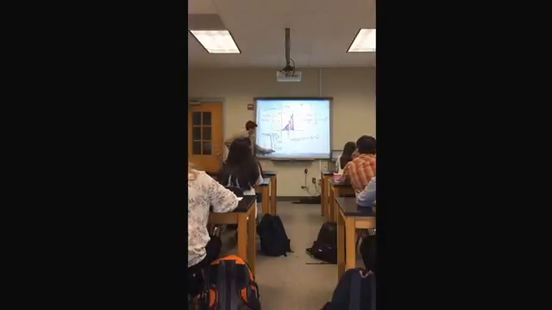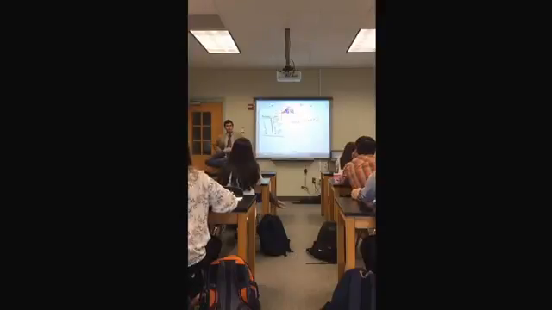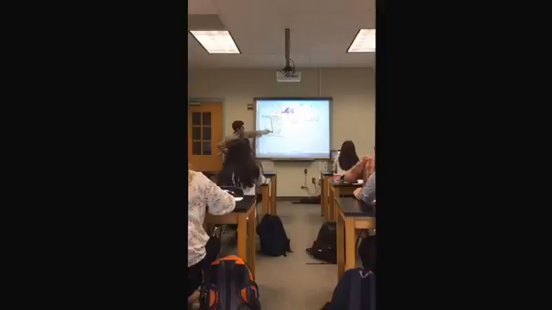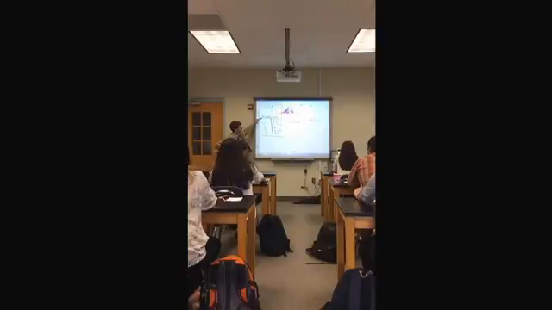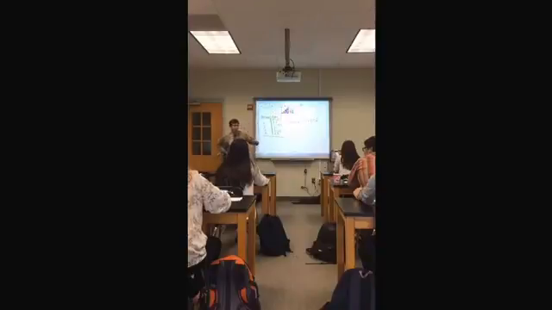4.5. So the total area under this would be what? What would the total estimation be? The sum of all the areas. What do they all sum up to? 11.375.